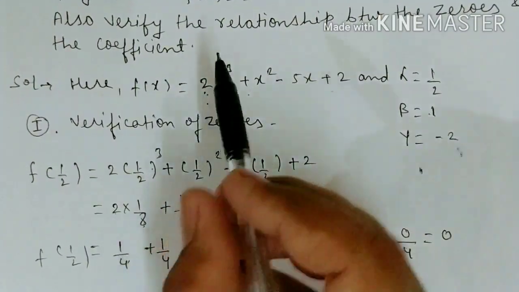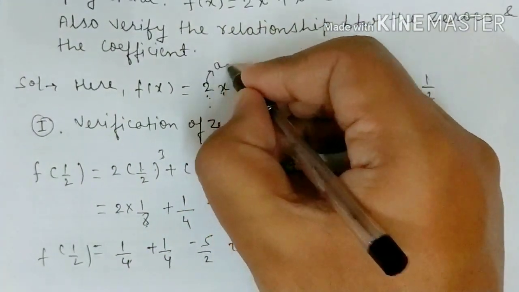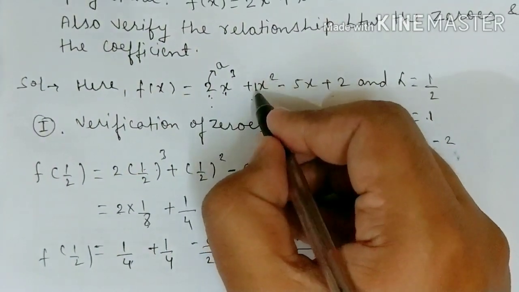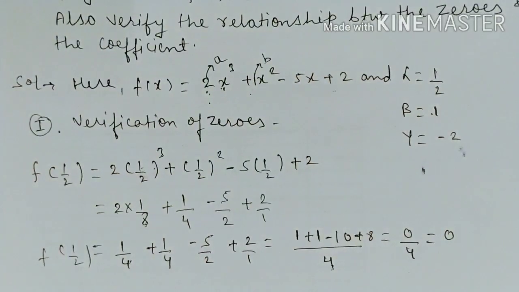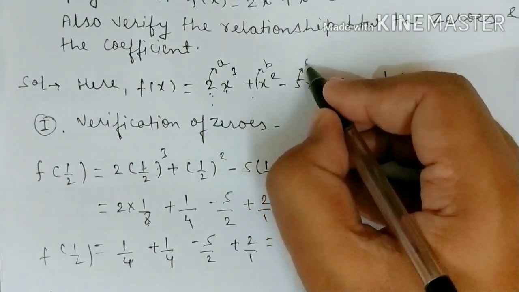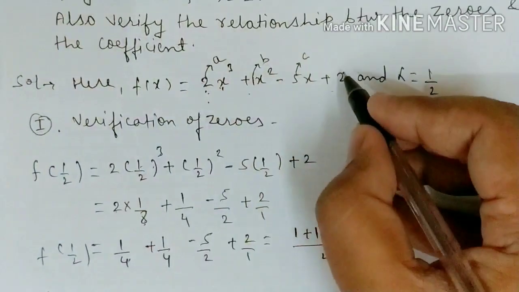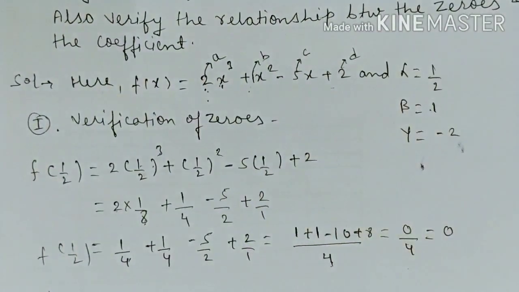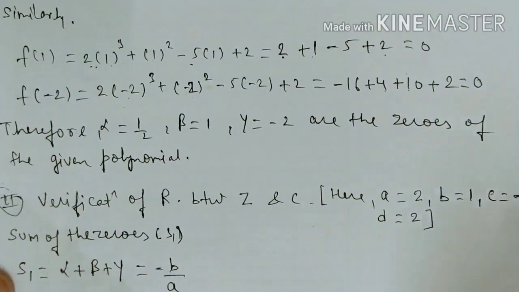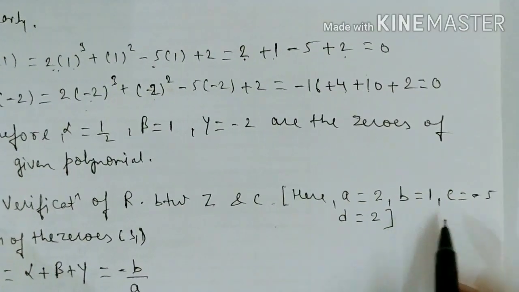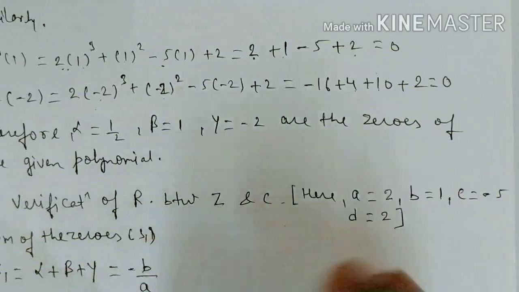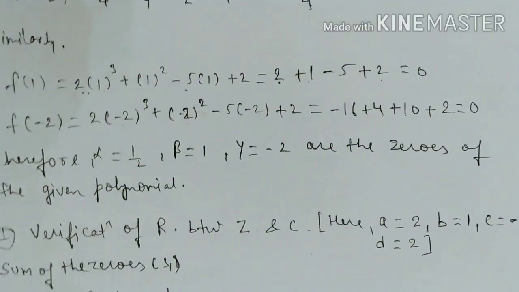So this is the value of a. Coefficient of x square, that is 1. So this is the value of b. Coefficient of x is minus 5. So minus 5 is the value of c, and d is the constant term. So all this value I am writing here. A equal to 2, b equal to 1, c equal to minus 5, and d equal to 2. That value I will be using in the next part of the solution.